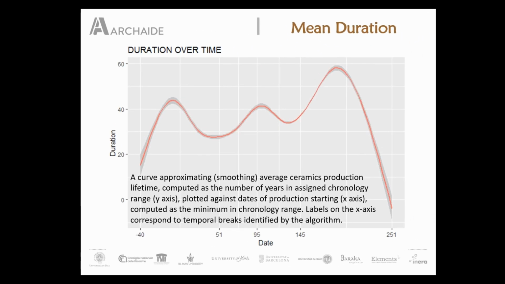We also compute the average lifetime of each production in order to follow the periods of expansion of the production and the following periods when the production lifetime is shorter.